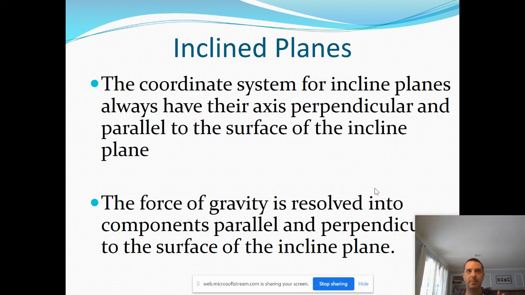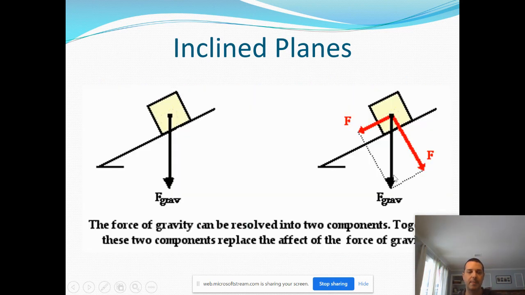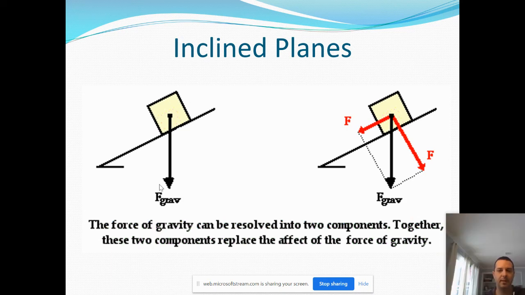So our first and most important aspect whenever looking at inclined planes is trying to take this force of gravity and resolve it into its parallel and perpendicular components. Here we have some diagrams that are showing the force of gravity. The left-hand one is showing force of gravity by itself in black, pointing directly down. And you can see from the incline that force of gravity is not oriented either parallel or perpendicular to the incline.